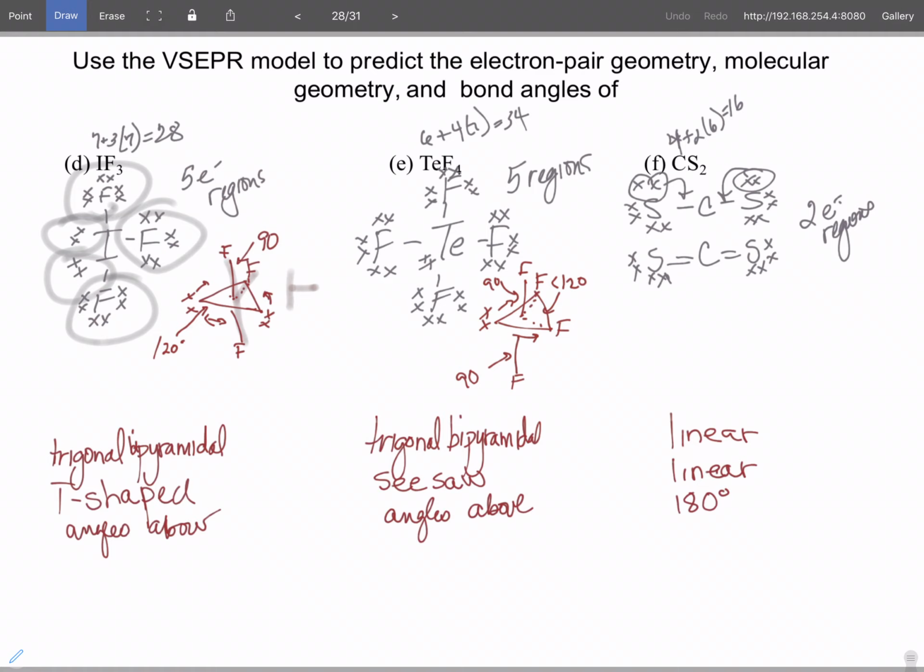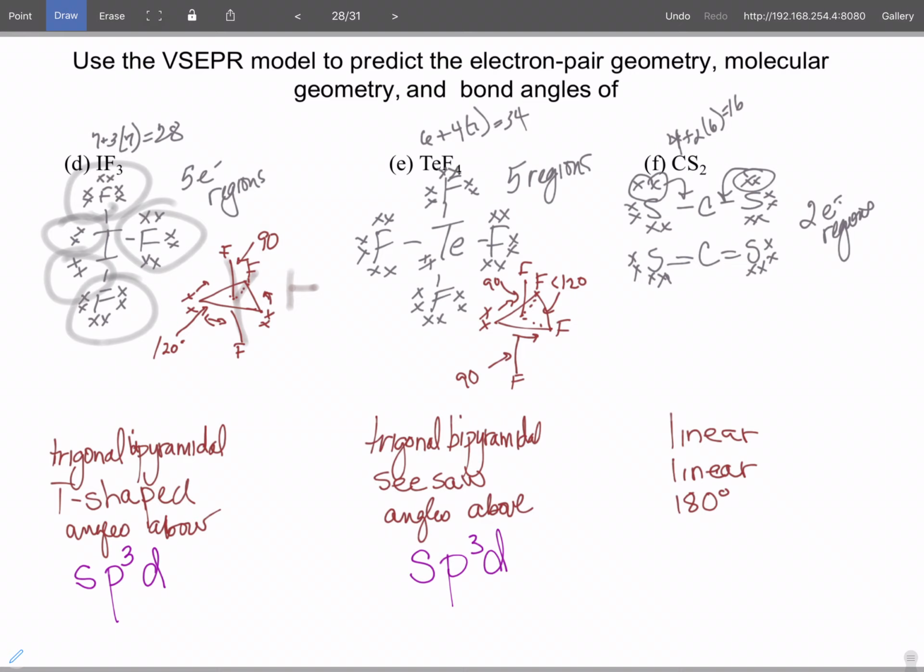We only care if they're double or triple bonds. So because of this, we don't care. It's 5 electron regions, so it's S, 3 P's, that's 4, 1 D, because that will give us 5 orbitals. Again, 5 regions, S, P, 3, D.